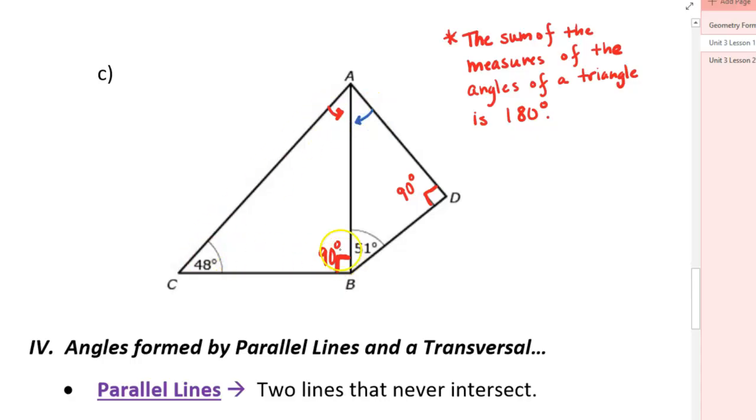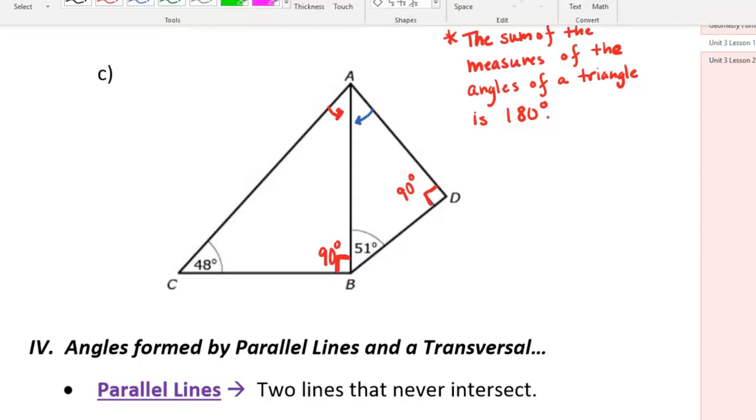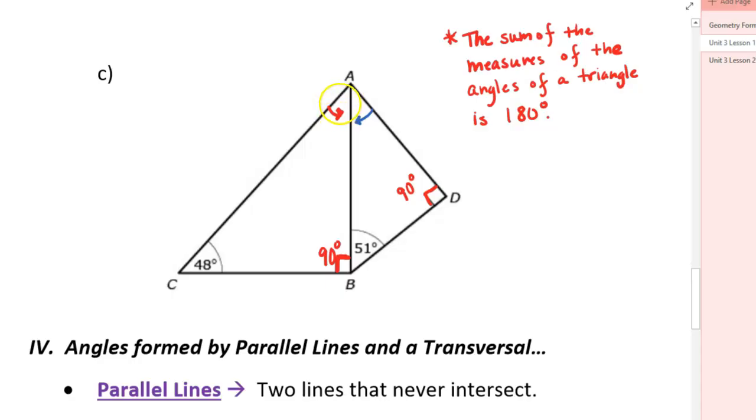So let's just look at this triangle. We know that the sum of the measures of this triangle is 180 degrees. So one thing we can do to find the measure of this top angle, which I'll just call angle 1, is what we did in class. I can take that 180 and subtract from it the sum of these two angles.